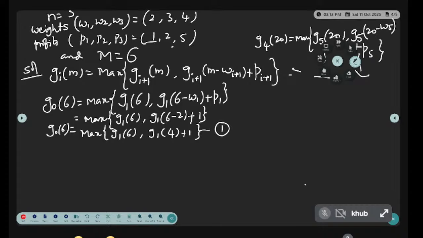Now calculate G1 of 4. To calculate G1 of 4, call the same Gi of m.